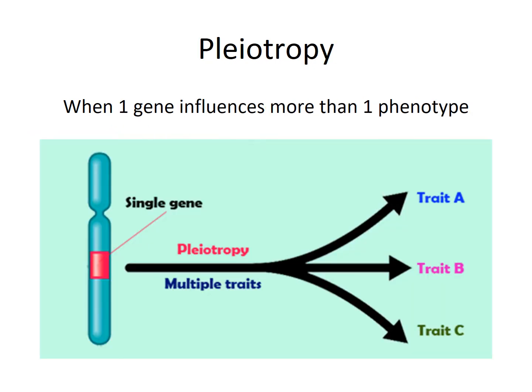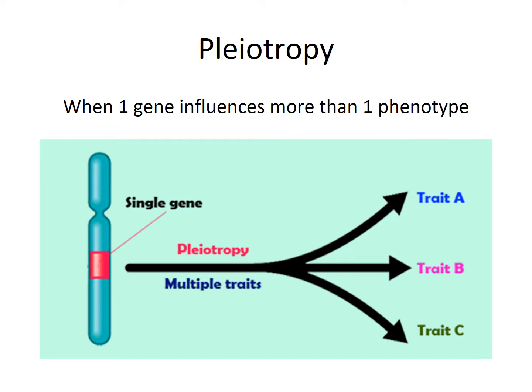Our next complex inheritance topic is called pleiotropy. Pleiotropy is when a single gene influences multiple phenotypes. In the cartoon here, you see a single gene highlighted in red, and it's leading to traits A, B, and C. So this gene encodes for a polypeptide through transcription and translation, and that polypeptide is used in multiple different traits.